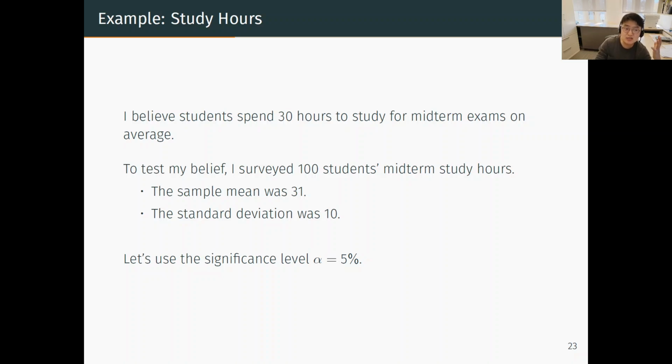But suppose that you did this survey, and surprisingly, I found that the sample mean from the data was 31 hours, which is slightly greater than my belief. My belief was 30, but the data tell me it's 31. So then the problem is, okay, there is a difference of 1 hour.